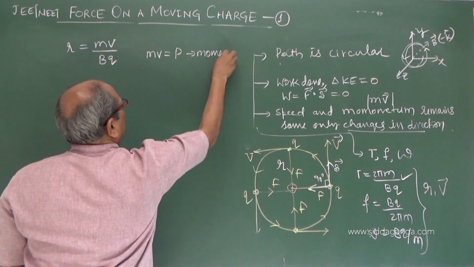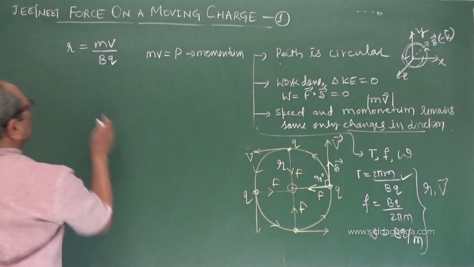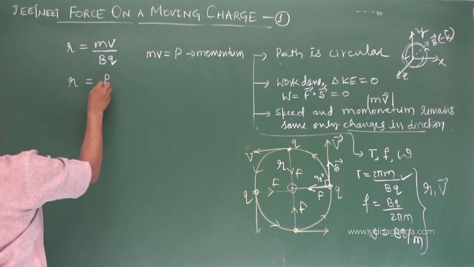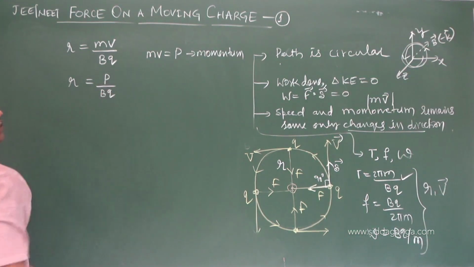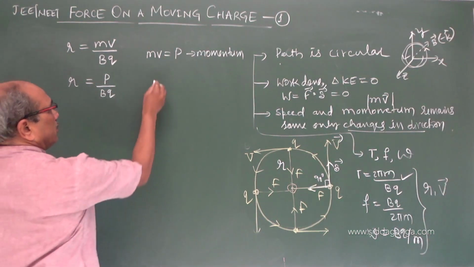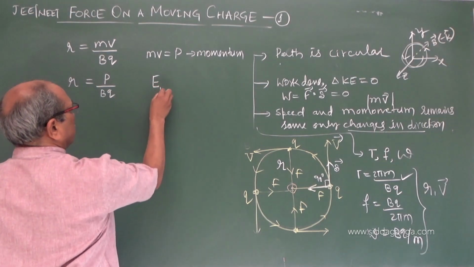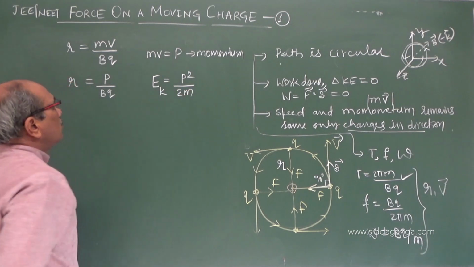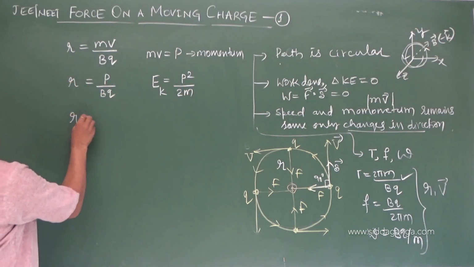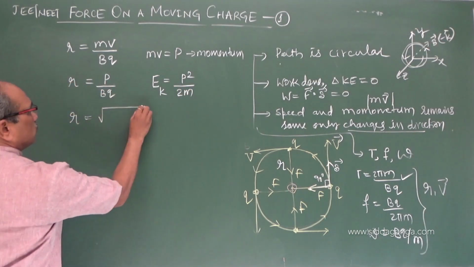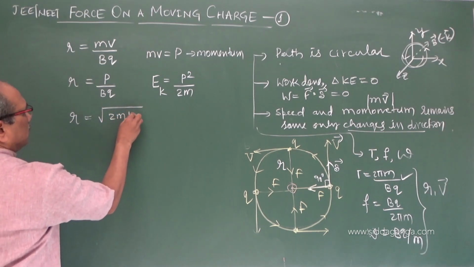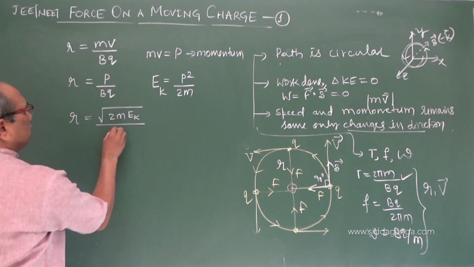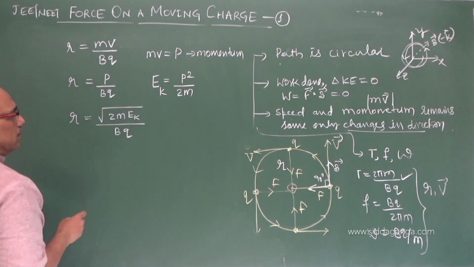Therefore, radius can also be written as p upon Bq. And you studied that kinetic energy can be written as p square by 2m. If I substitute for that, the radius is given by root of 2m Ek by Bq, which is another relation.